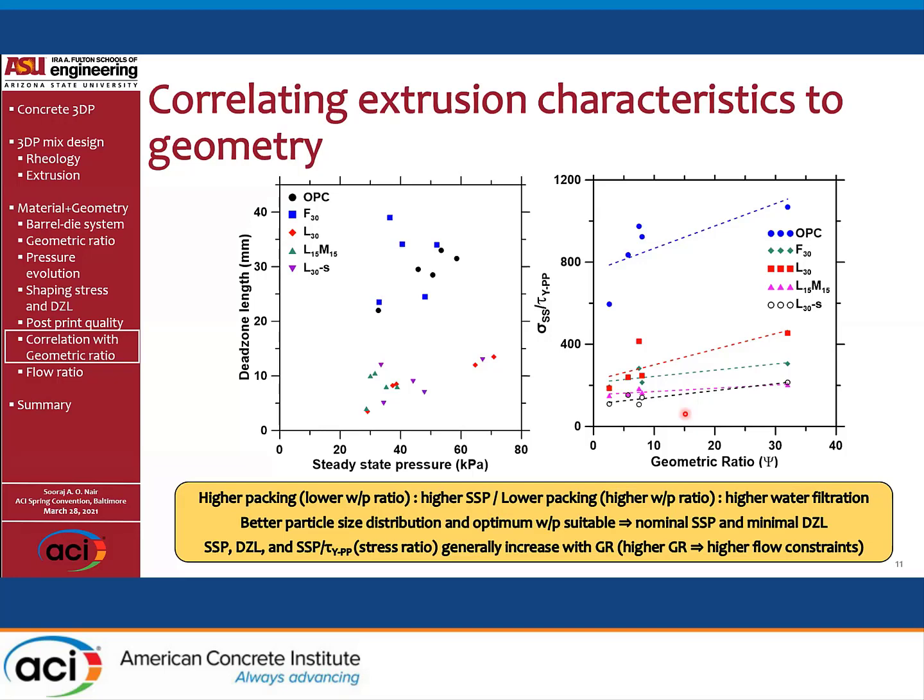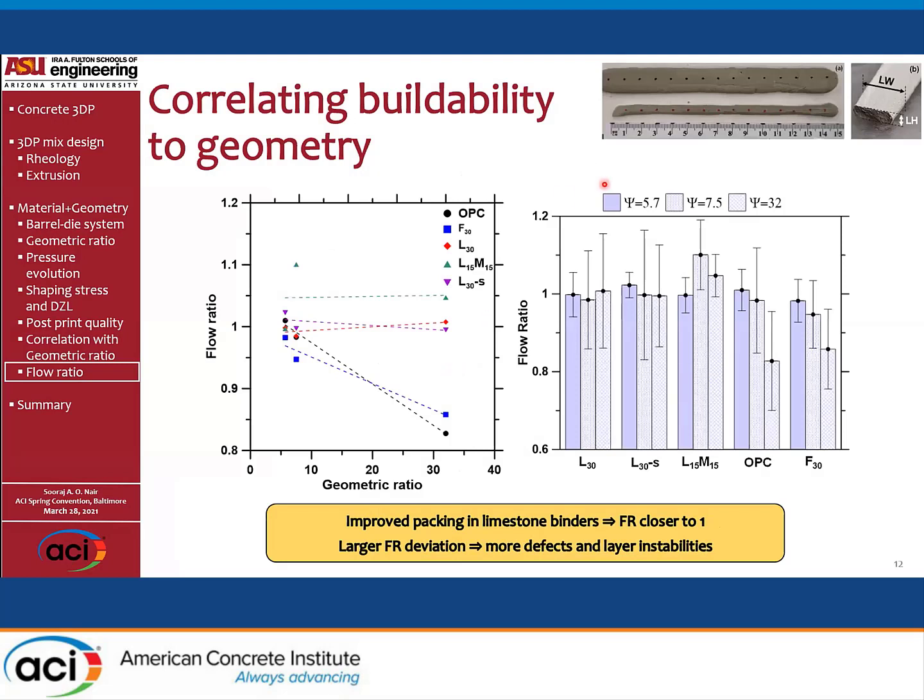Now, the flow ratio that I talked about earlier, which is similar to the solidity ratio, we take the actual print dimensions divided by the designed print dimensions. We can see that there is a marked reduction as you increase the geometric ratio, especially in the case of non-printable mixes, whereas the printable mixes generally stay around 1, which shows that the area of the printed filament is more or less the same as what we had in the design.